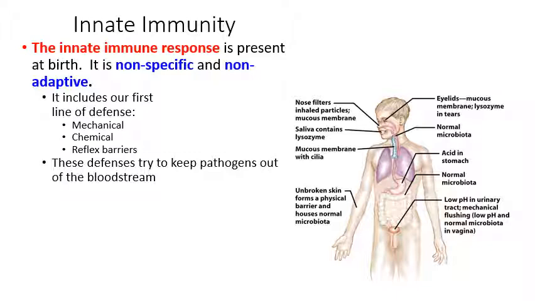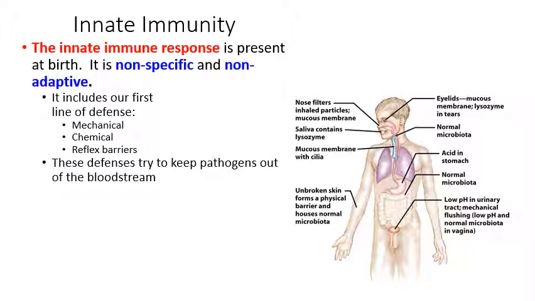Also, even things like your normal microbiome. So your normal microbiome is considered a first line of defense. Those are microbes that are not pathogenic, usually, that live on your skin or inside your digestive tract, and those are going to be helping to defend you against pathogenic microbes.